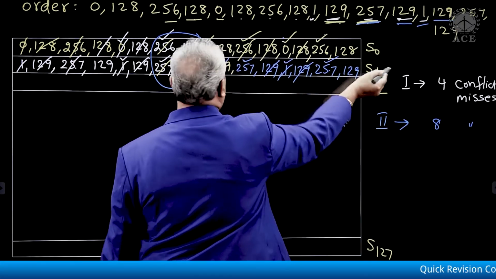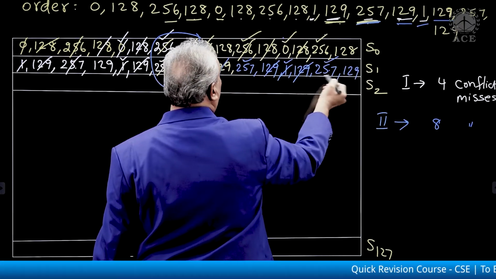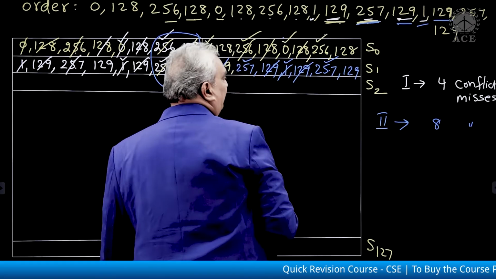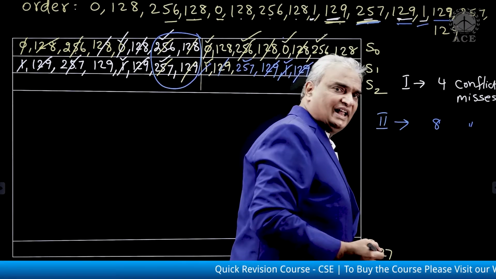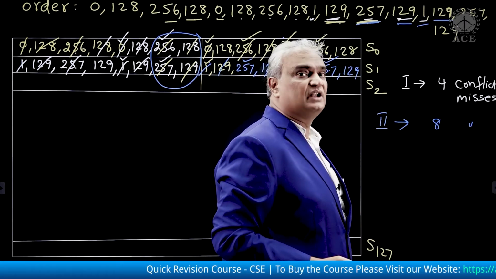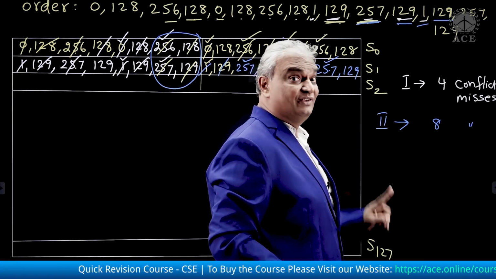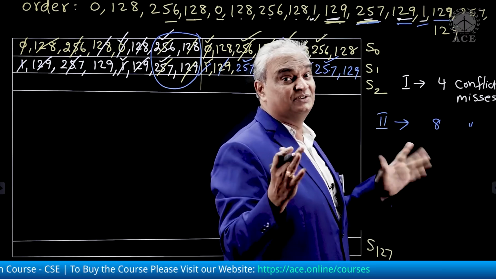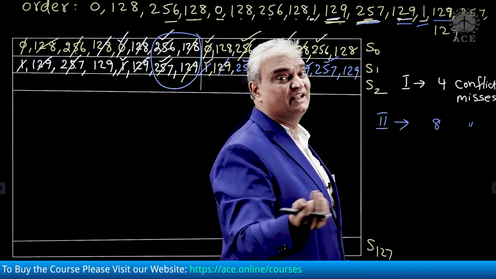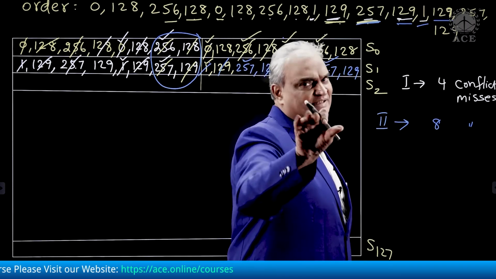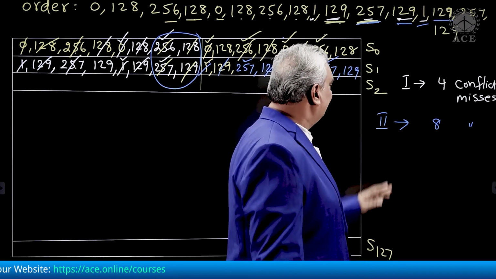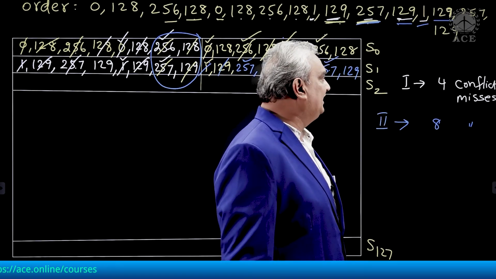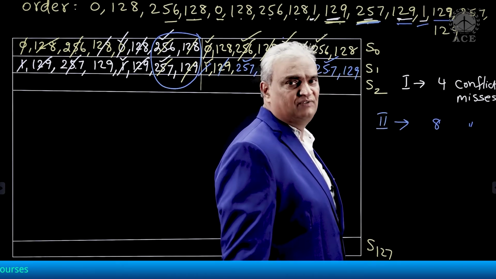After completion of the second time also the same: 256, 128, 257, 129. Means only for the first time it requires 4 conflict misses. Why? The first time means compulsory misses will be there. From the second time onwards, there will be no compulsory misses, only conflict misses, or sometimes capacity misses. That's why from the second time onwards, 8 conflict misses, first time 4 conflict misses.